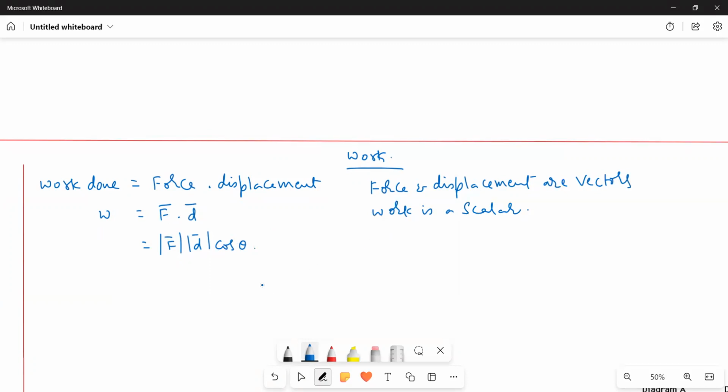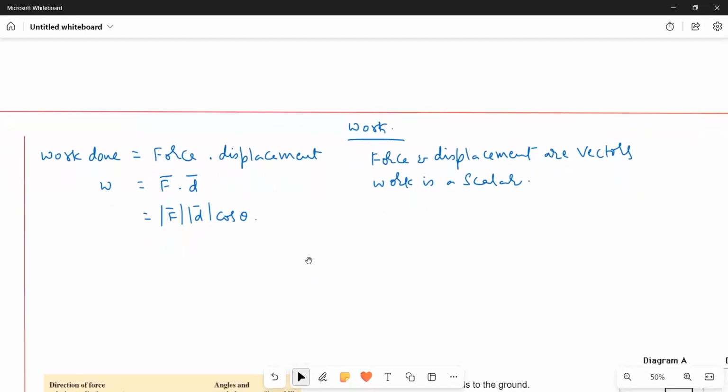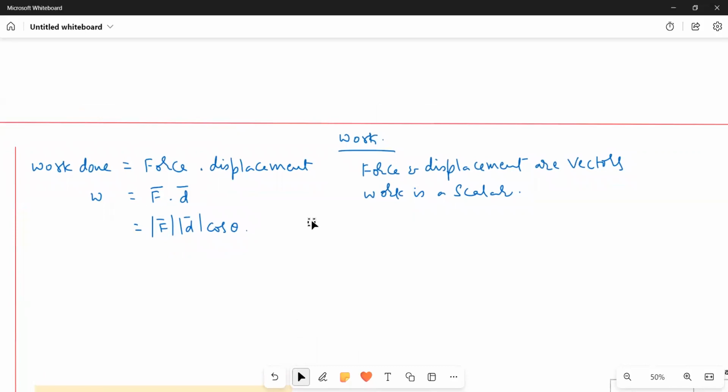Now we will see what the units of work are. We measure force in newtons. You know this one.